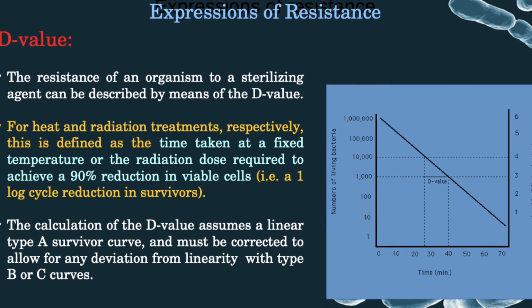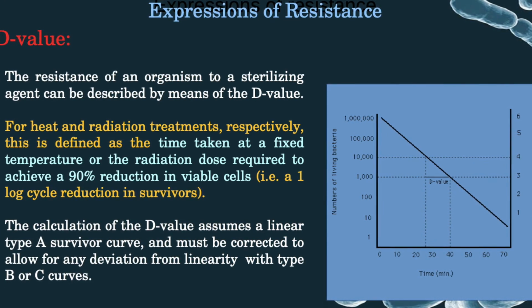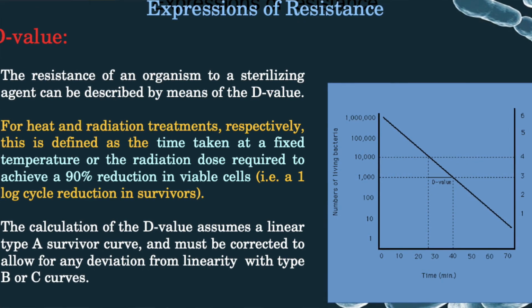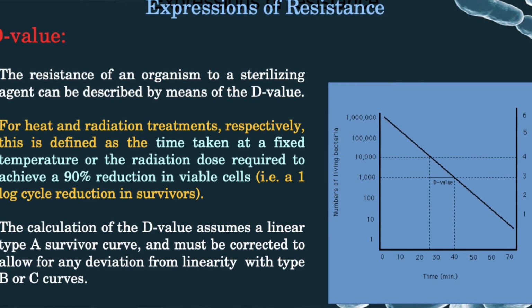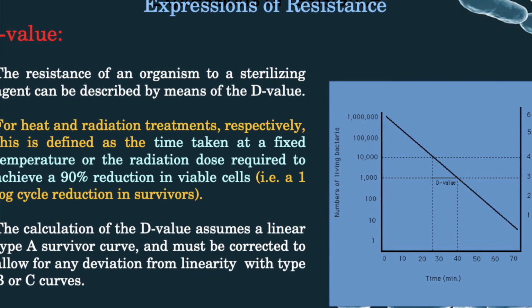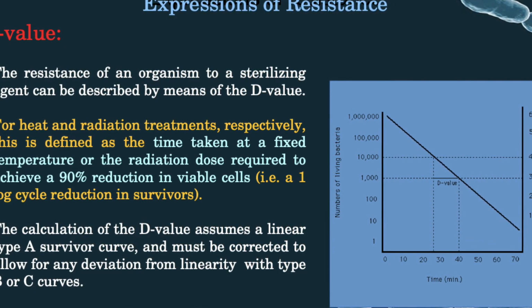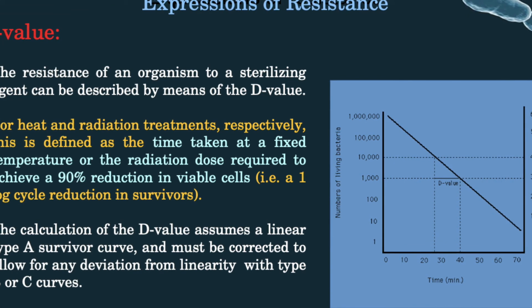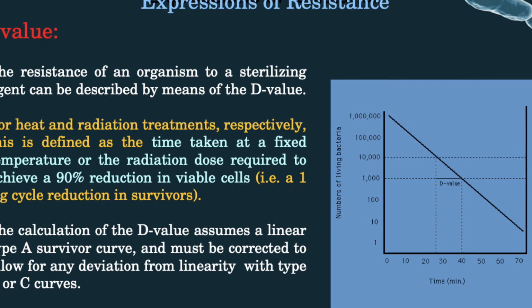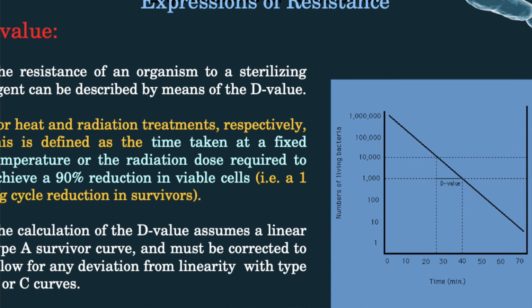Now if you can see in the graph, we have the number of bacteria, or the log of organisms, versus the time. If we plot an exponential death graph, you can easily differentiate the two values, D1 and D2, and if you calculate the difference, you will get the difference in time, and that is called your D value.